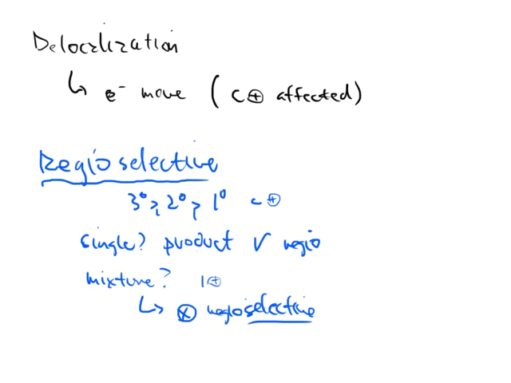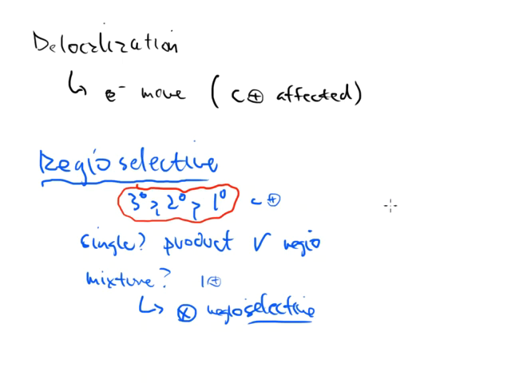And all of this is really tied to tertiary, secondary, and primary. So this is something that we're going to be bringing up throughout these reaction examples. I'm going to be talking about regioselectivity. I'm going to be talking about the various different products that could form from these reactions.